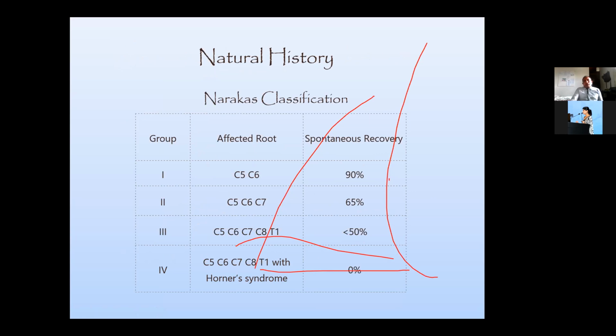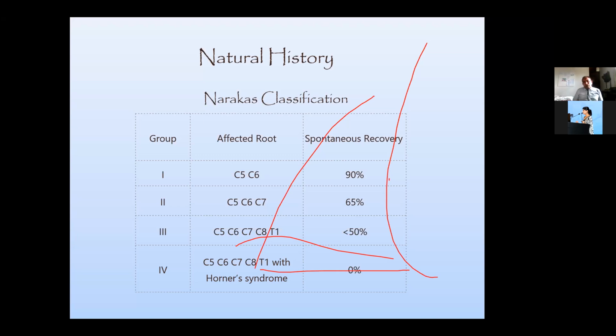So the natural history of obstetric brachial plexus palsy is described by the Narakas classification. So he has tried to classify it according to the prognosis of the child, the prognosis of the infant, depending on the level of injury.